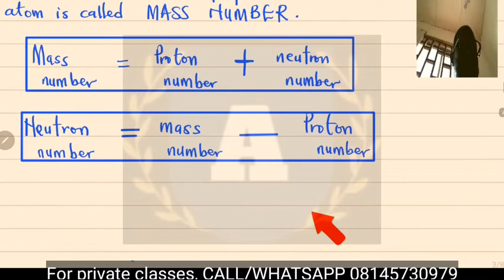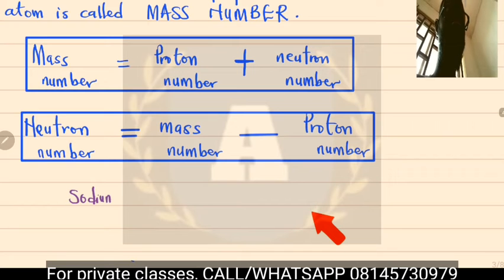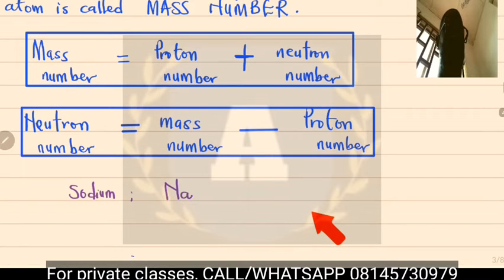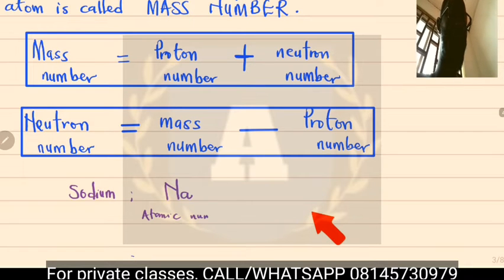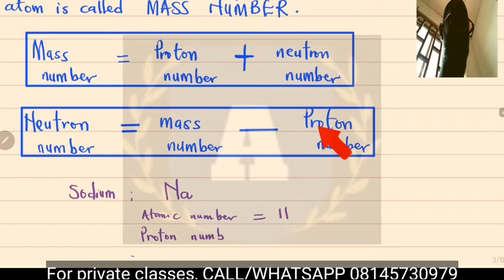So that explains that. For instance, look at the element sodium. Sodium has the symbol Na, from the Greek natrium. The atomic number for sodium is 11, which is also the same as the proton number, the number of protons, which is also 11.